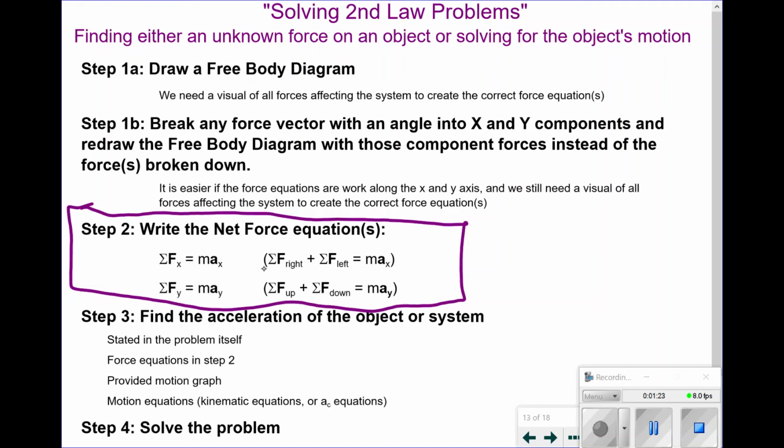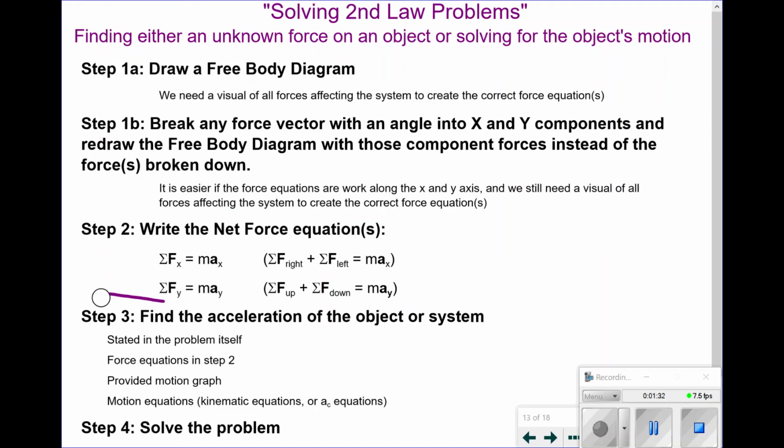Once I have set up my equations, I can now get ready to solve the problem. Now, when I was looking at equilibrium, I would just set the acceleration equal to 0 because acceleration is 0 in equilibrium. Equilibrium means that there is no change in motion, thus there is no acceleration. The net force must be 0.